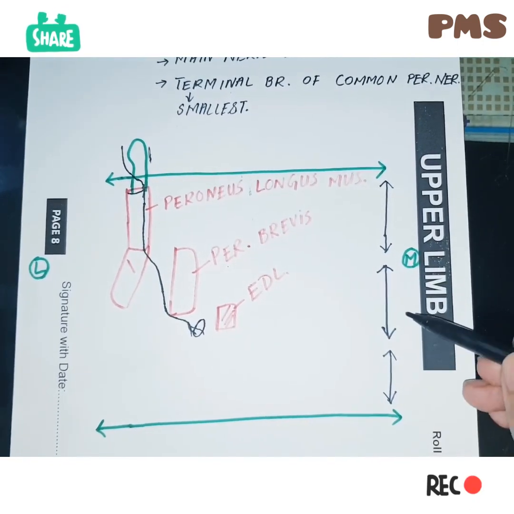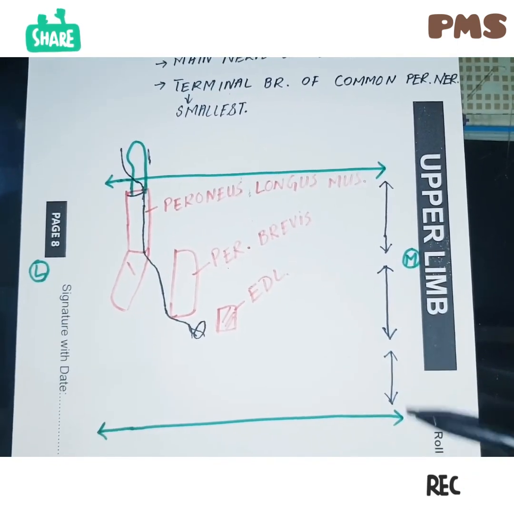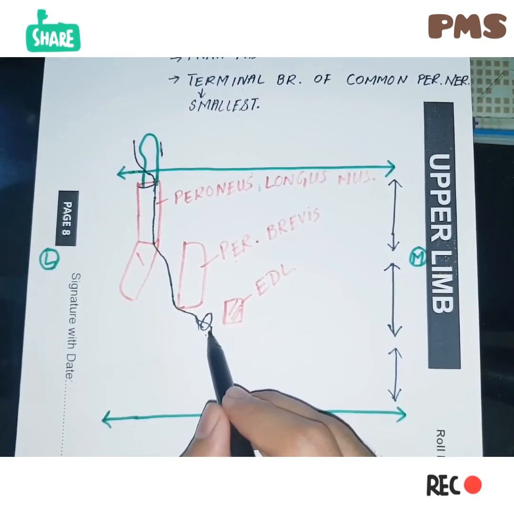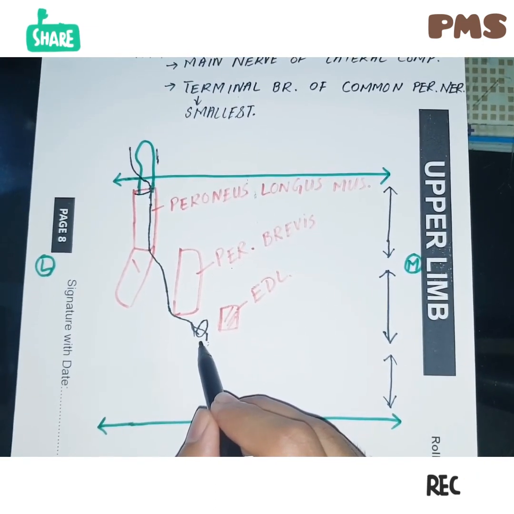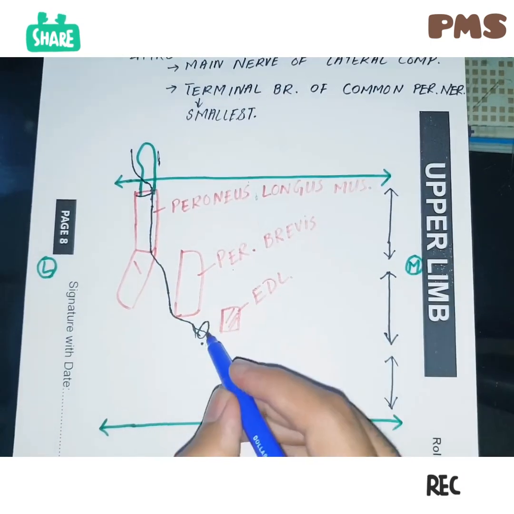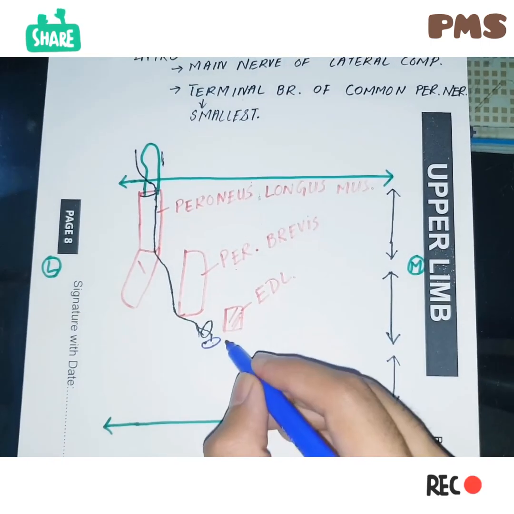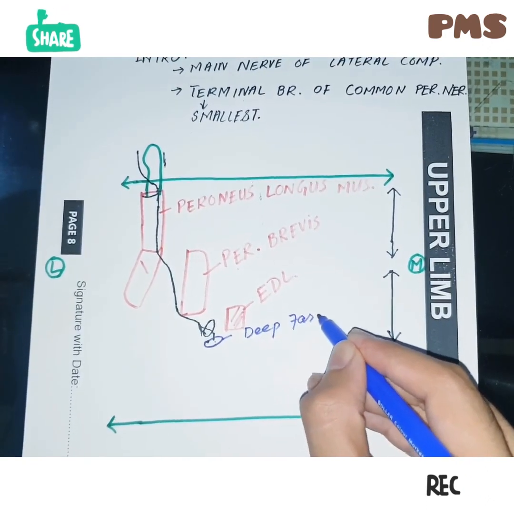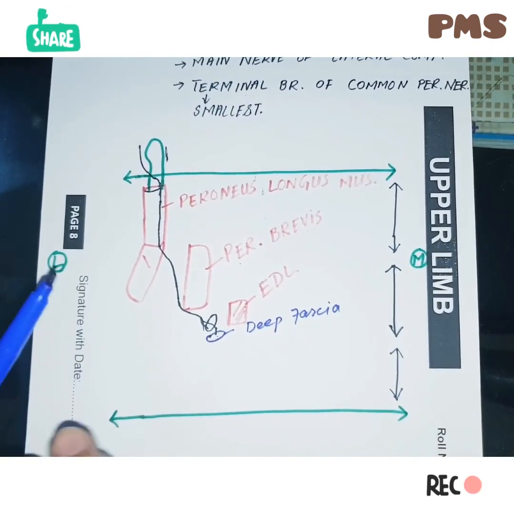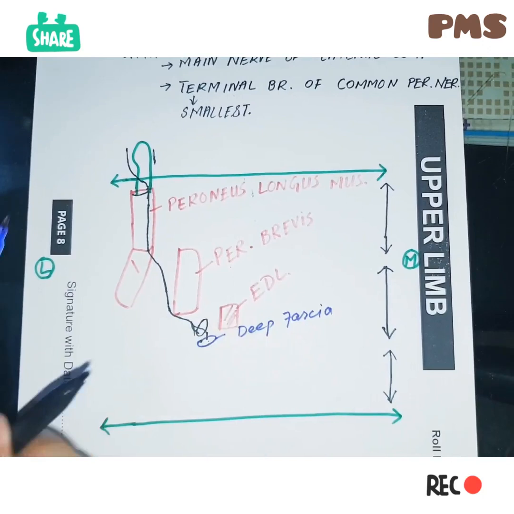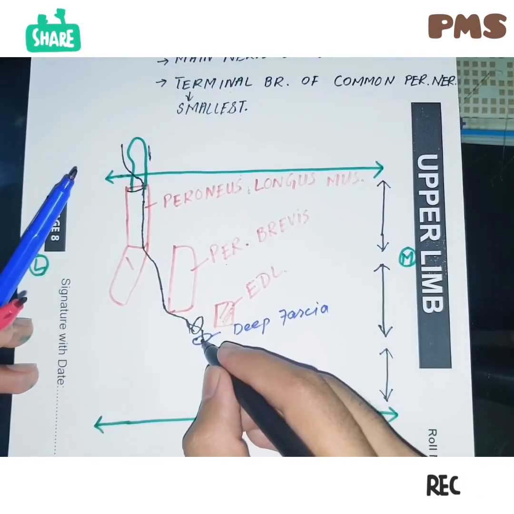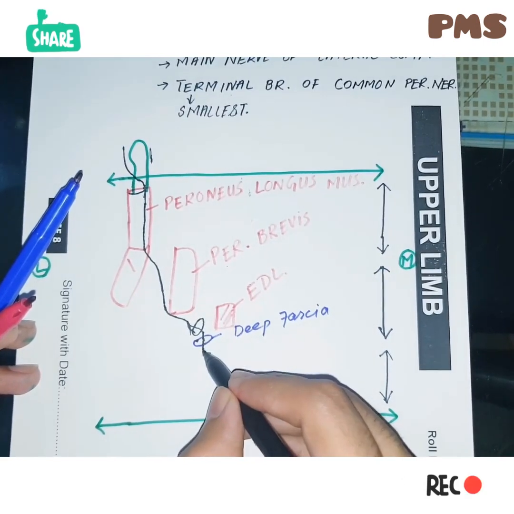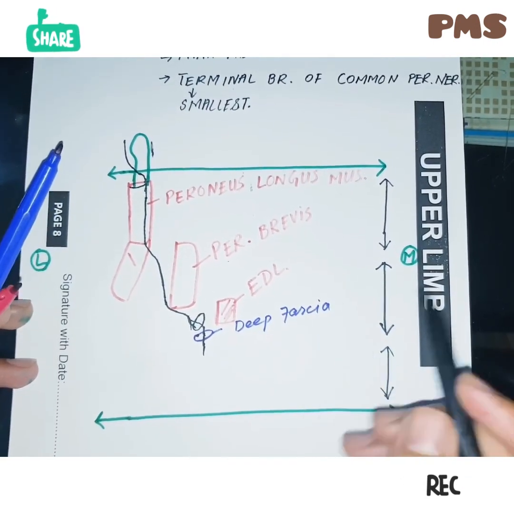At the junction of the middle one third and lower one third, it pierces the deep fascia. Here lies the deep fascia, and it becomes superficial or cutaneous. Then it divides into two terminal branches.